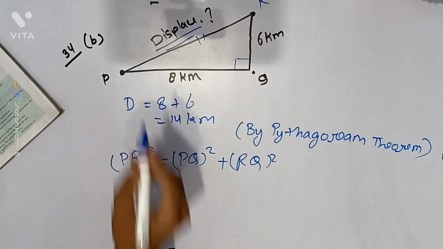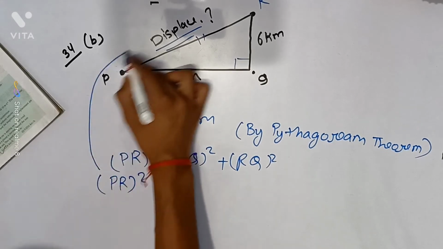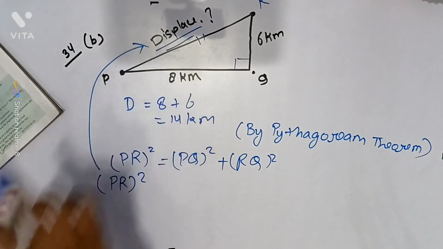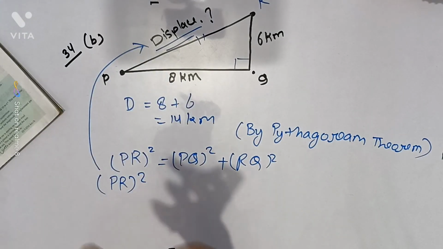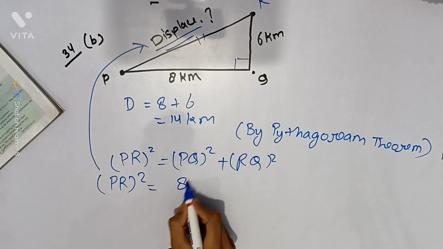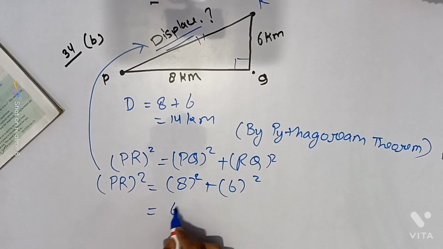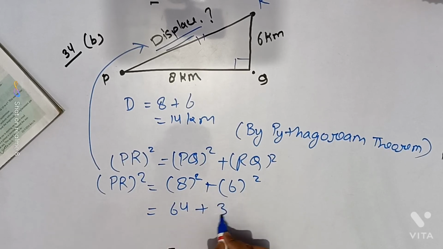Now PR we don't know, means PR is equal to the displacement. We have to find PR. If we find PR, then we will directly get the displacement. So what is PR? PQ square means 8 square plus 6 square. 8 square is 64 plus 6 square is 36. So we got 100.